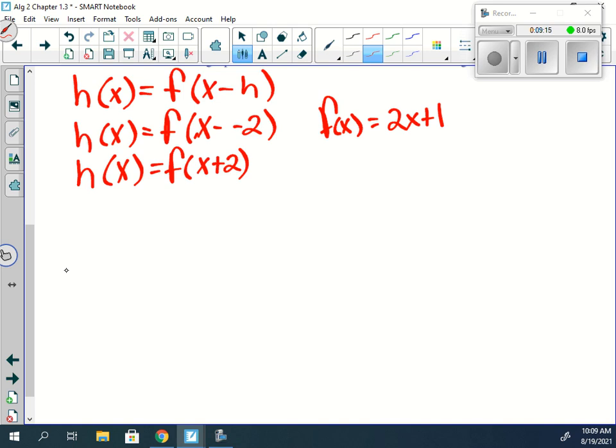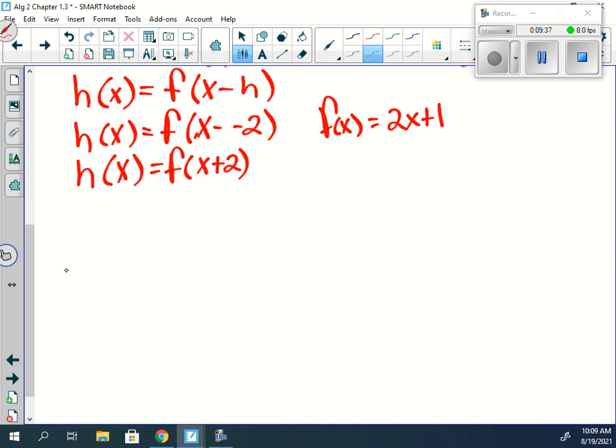Okay. So our original function was f of x is going to be 2x plus 1. Do I have f of x anymore? What do I have? F of... So that means everywhere there's an x in f of x needs to be replaced with what? X plus 2.